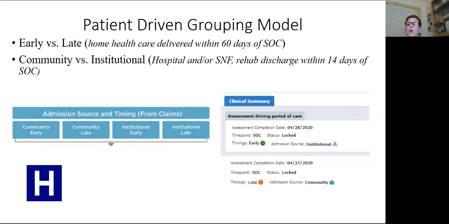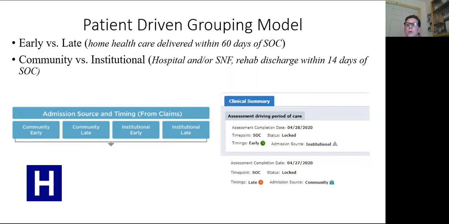This is why it's so important to ask if they have had any other home health in the last 60 days. If they have, be sure to alert the case manager to this. When is the last time a nurse or therapist came to your home is a great question to ask when you're doing your start of care.